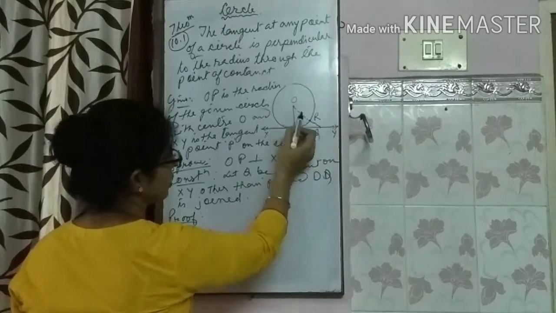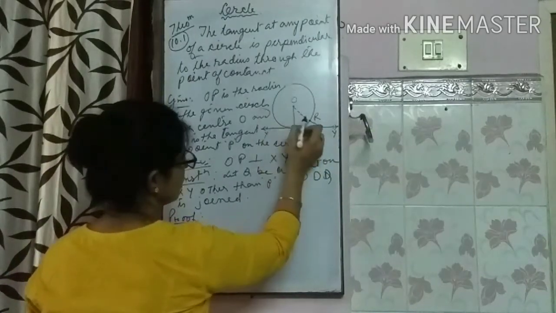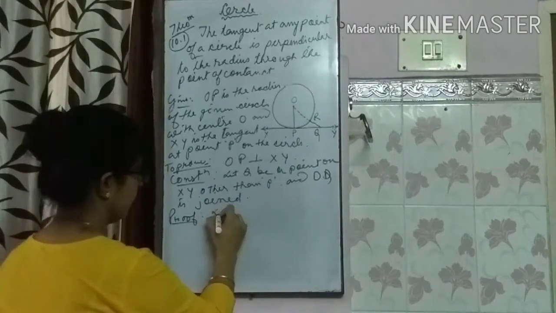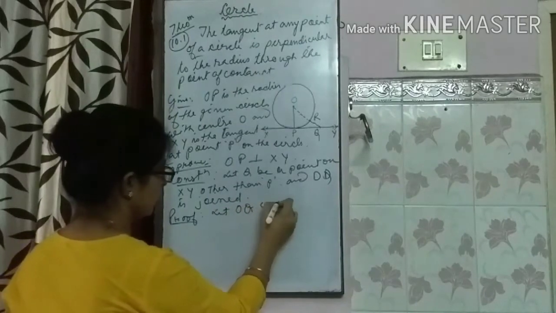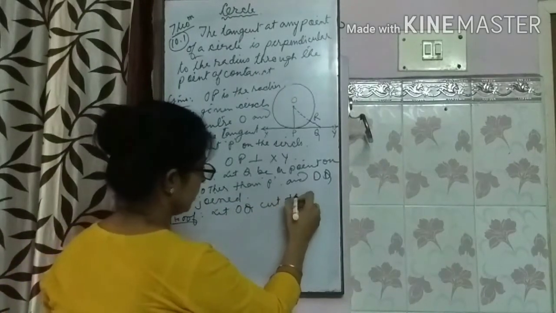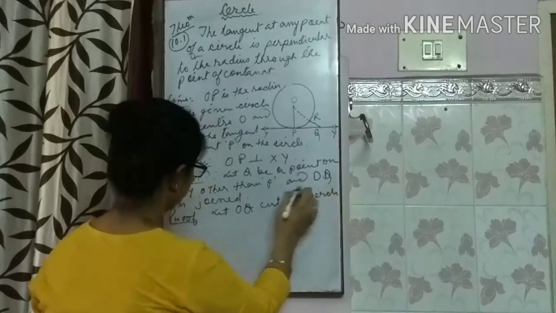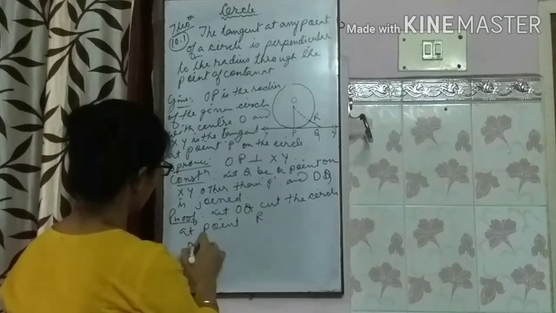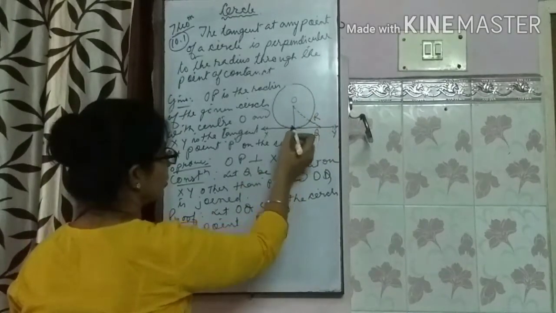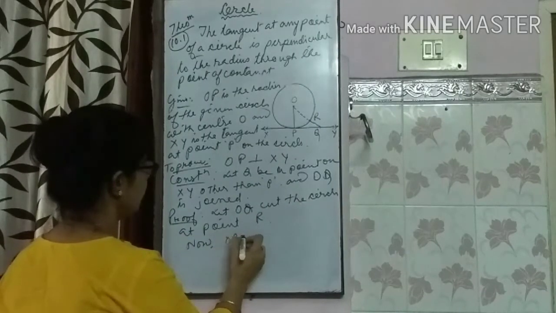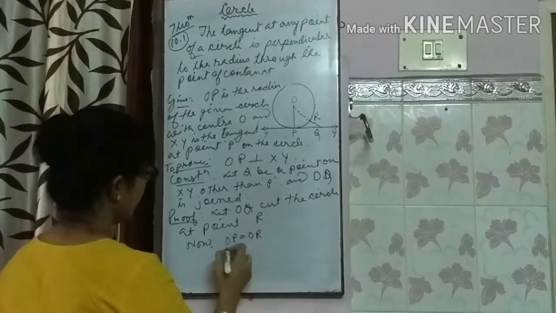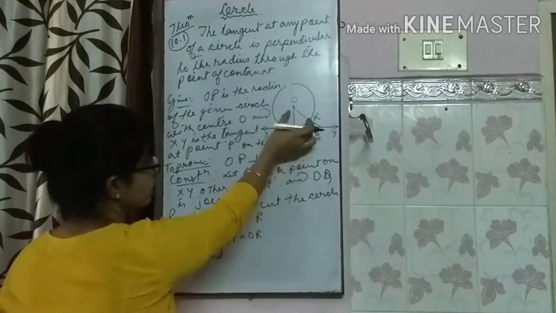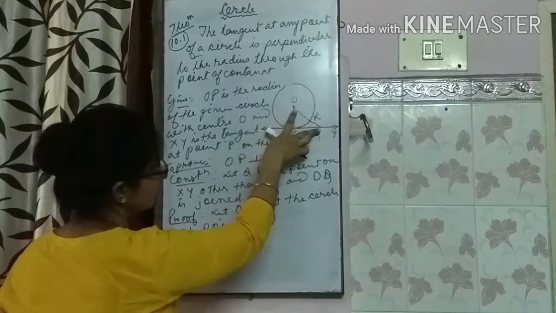Let OQ cut the circle at point R. Now what happened? OR equals OP. OP is equal to OR, and OR is smaller than OQ because this part is always smaller than OQ.